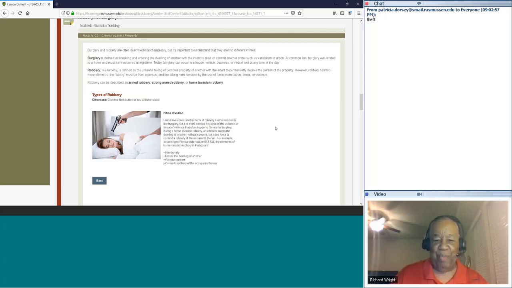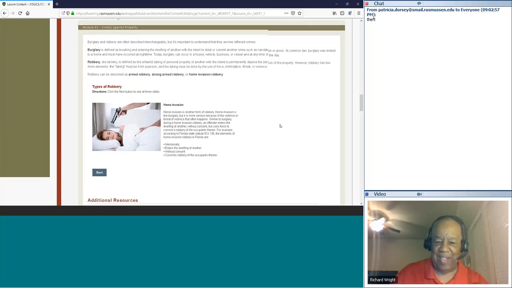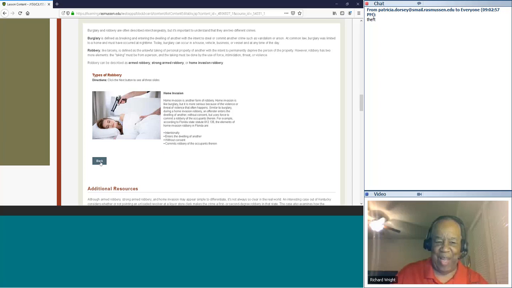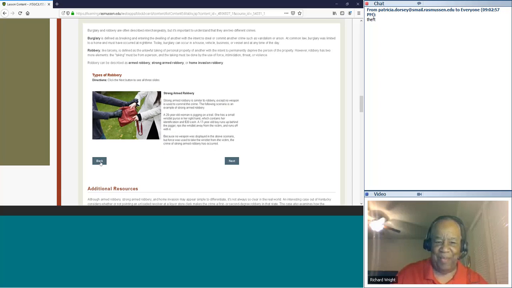It says, similar to burglary, in a home invasion robbery, an offender enters without consent, but uses force to commit a robbery of the occupants. For example, according to Florida law, the elements are intentionally entering the dwelling of another without consent, and then committing robbery of the occupants in there. And that's it right there. So you've got those now.